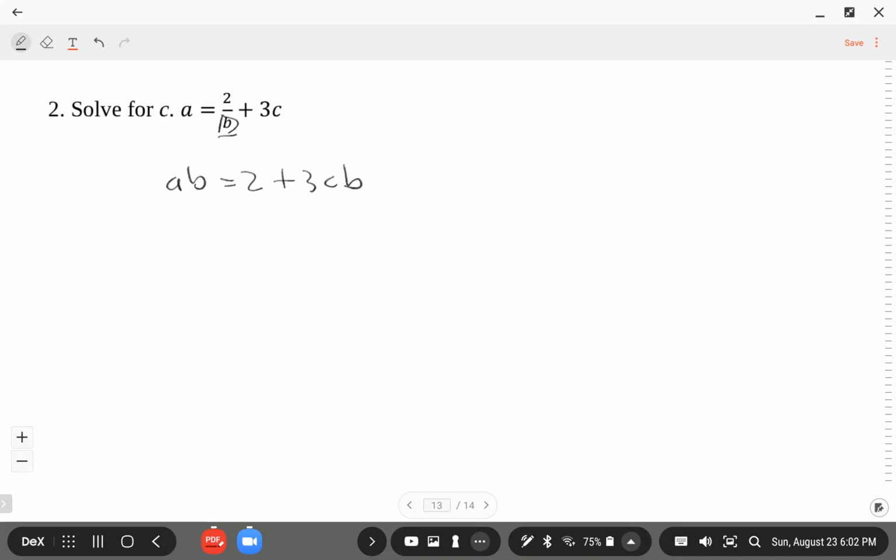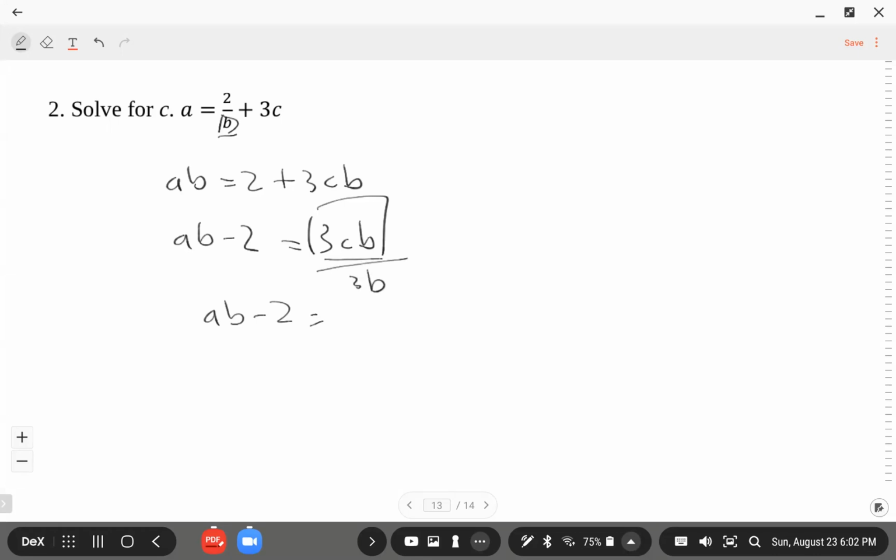And then you can do ab minus 2 equals 3cb. And then you want to separate this, and you might wonder, how do you separate it from 3 and b? So a trick is, ab minus 2 equals, we just divide by 3b.